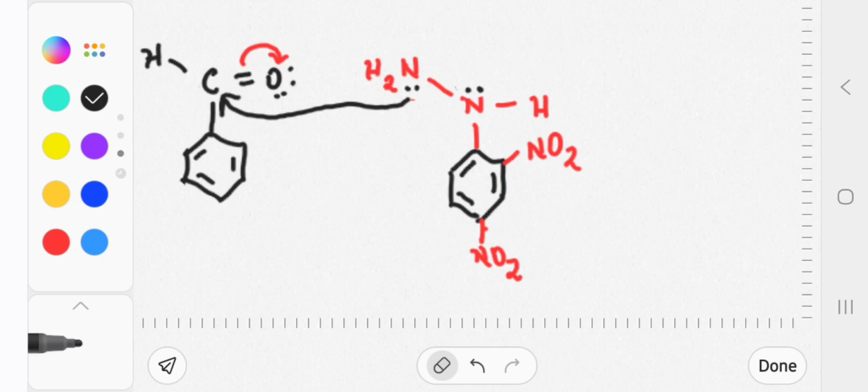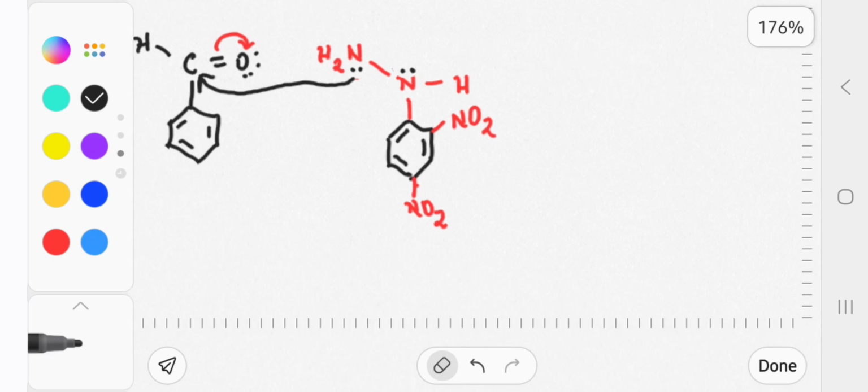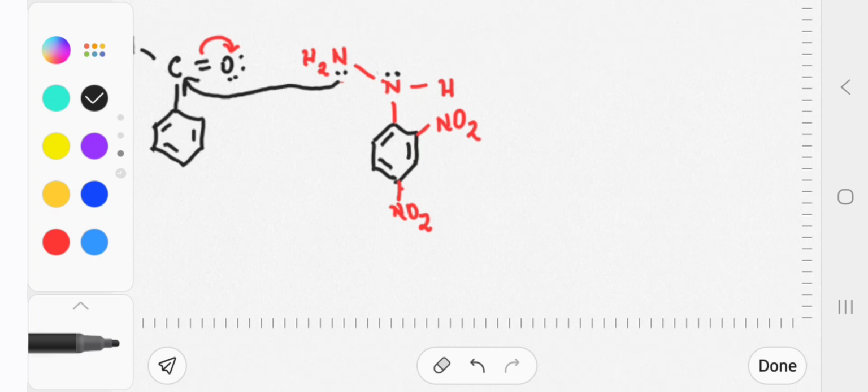So the nucleophile is going to attack the carbon of the carbonyl compound in the benzaldehyde, which is a phenylaldehyde. So when that happens, what we're going to have next, let me see if I can squeeze it right here.